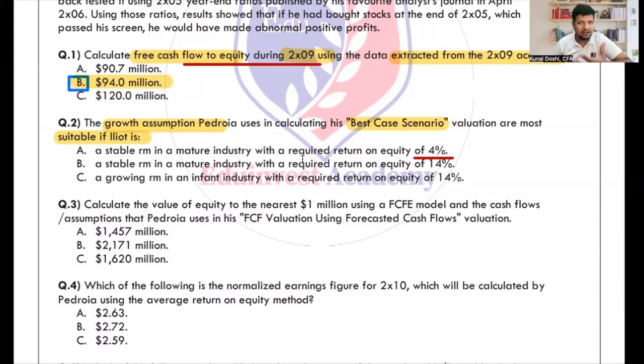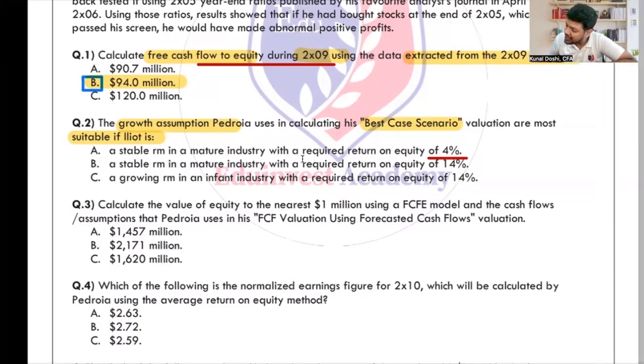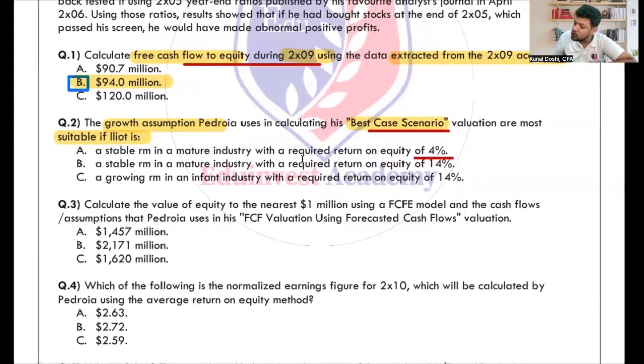Anyone? What exactly are they trying to say? Stable RM in a mature industry with the required return. So first of all, is it a mature industry or infant industry? We know it's a mature industry, correct?